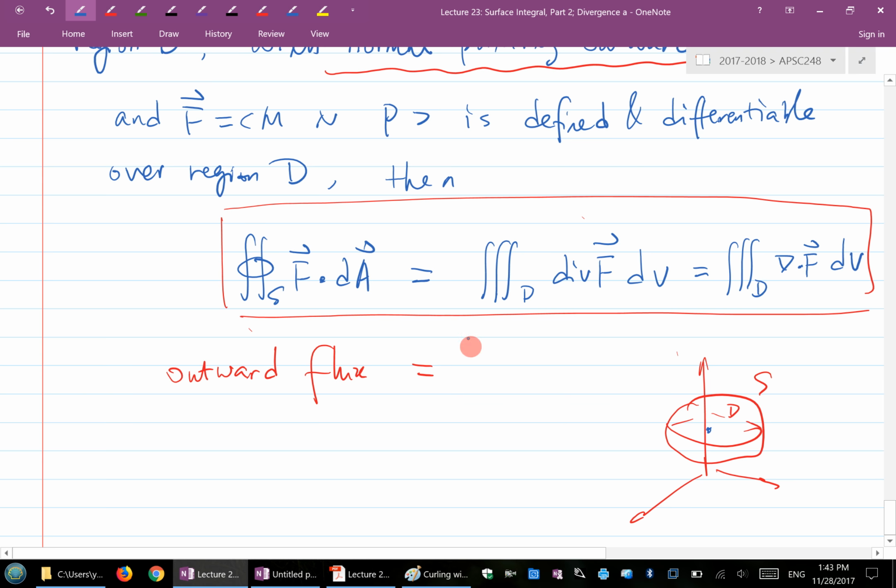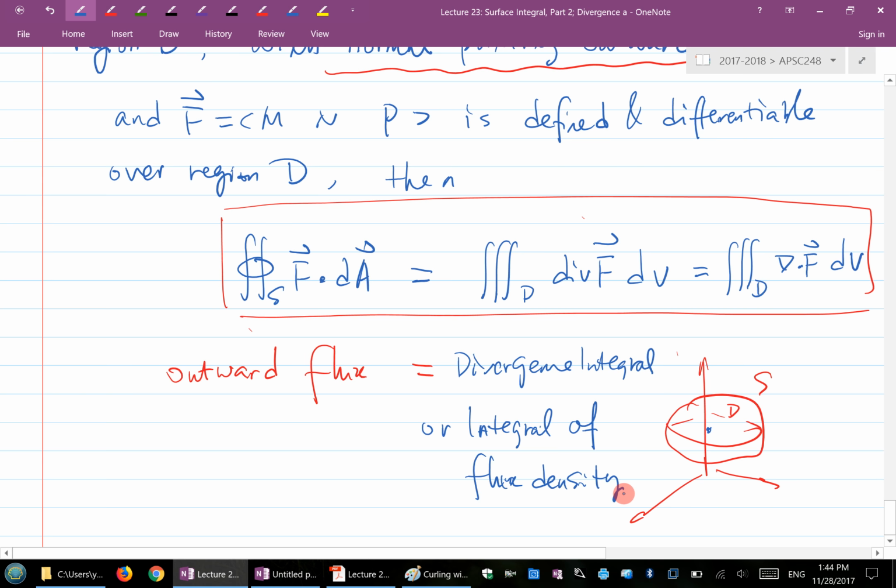So the right side here is the integral of flux density. Integrating flux density over a solid region D enclosed by the surface S gives you the total flux out of this surface S, right? It's a pretty natural interpretation. It's like you integrate mass density and you get the total mass.